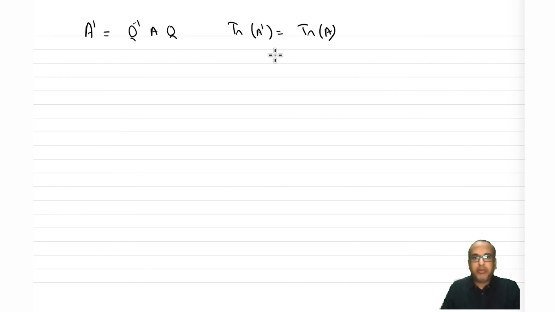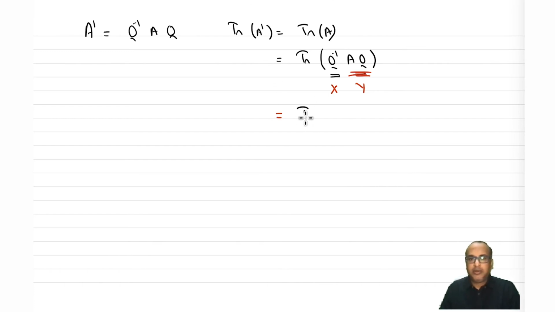Trace of A prime will be equal to trace of Q inverse A Q, and now treat Q inverse as a matrix, let's say X, and this complete product AQ as Y. So I can always write it as trace of AQ into Q inverse.